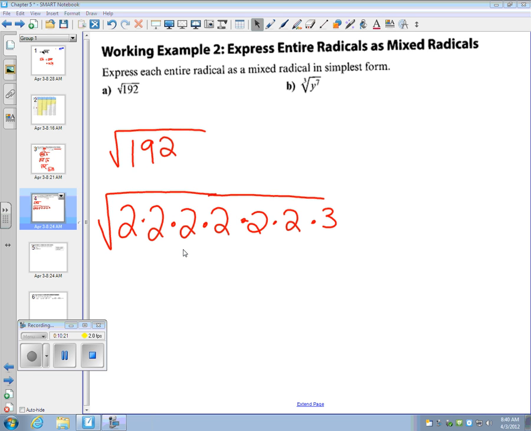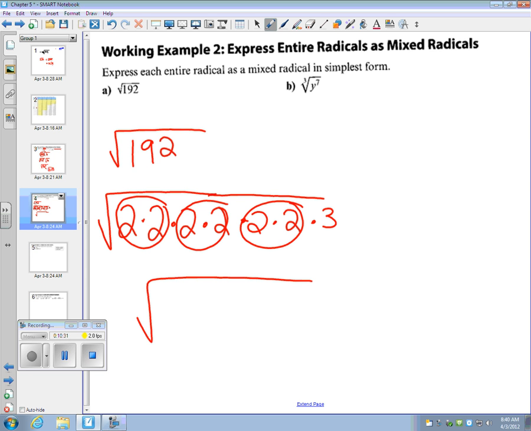So that's how they did that. And now they said, well look, here is a perfect square, 2 times 2. Here is a perfect square, and there is a perfect square. So there were three 2s, so they said 2 to the 3 out here times 3, and that is just 8 root 3.